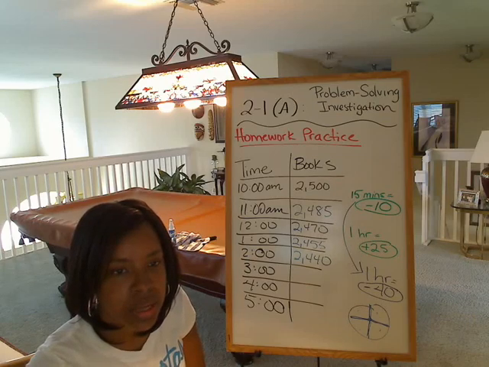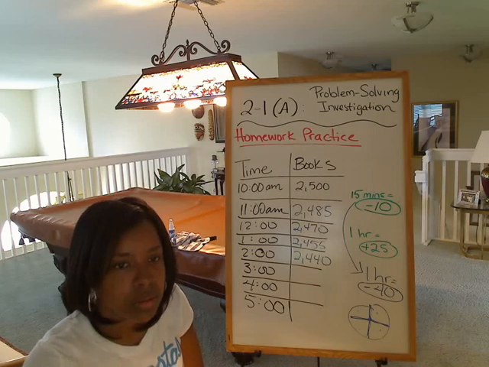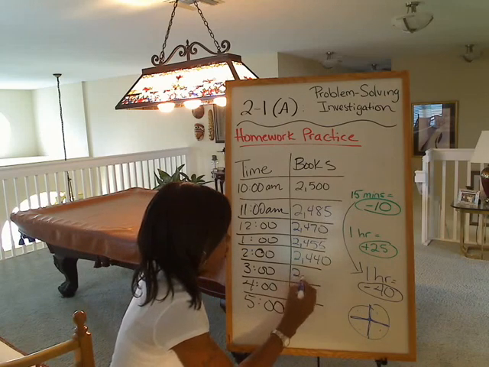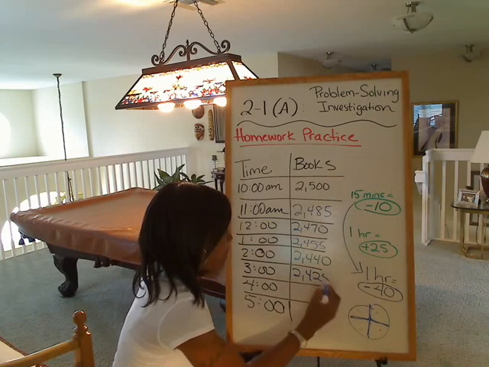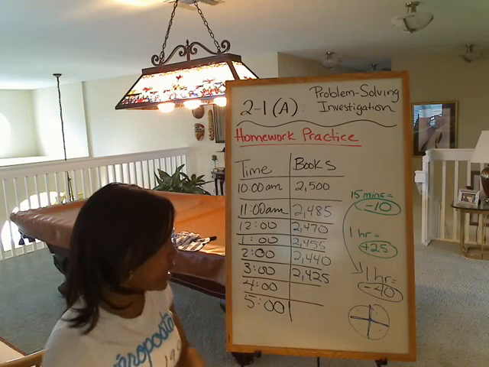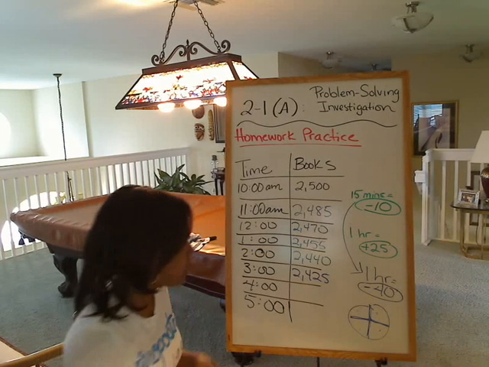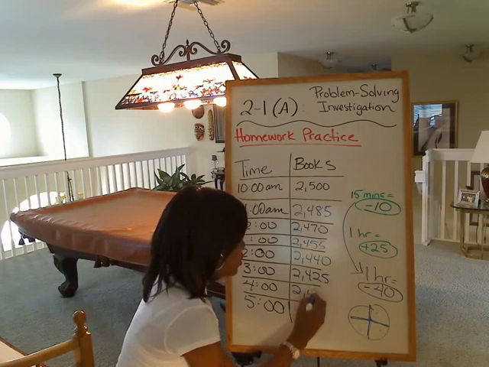Oops, I made a mistake. Add 25, take away 40. And I get 2,425. And I'm going to add 25, take away 40. 2,410.